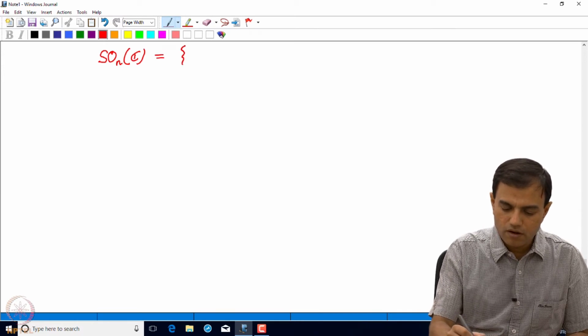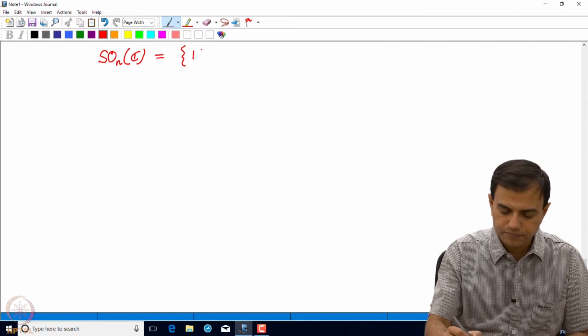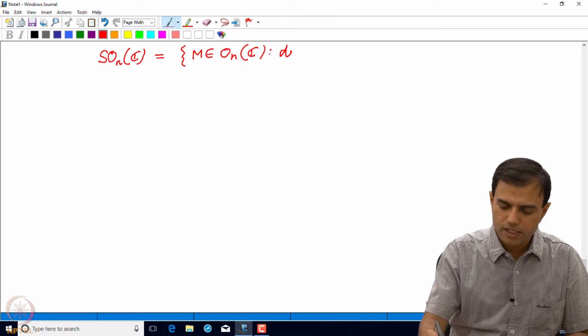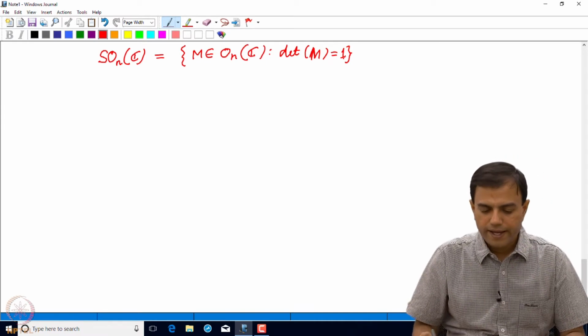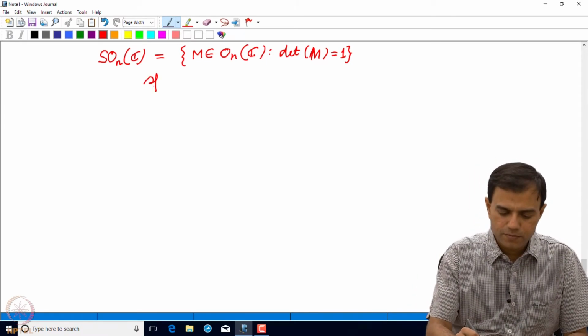This is all those elements in On for which the determinant is 1.